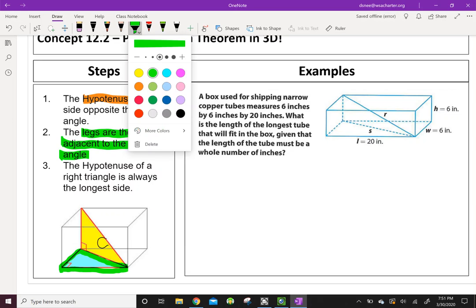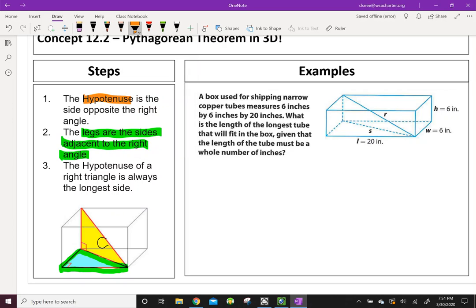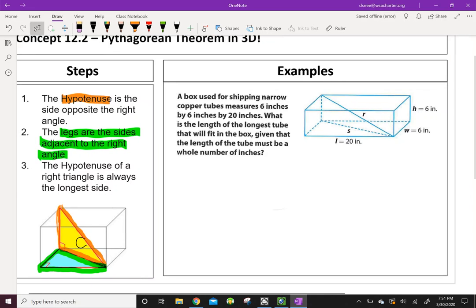And then we have an orange triangle right here. You have to imagine that orange triangle is kind of going from corner to corner inside of that box. And the green one is along the flat bottom side of that box. And if we know the outside dimensions, well, then we can find those diagonals.